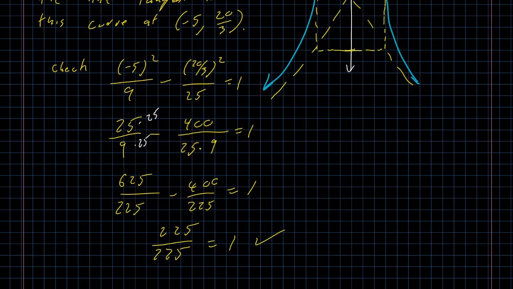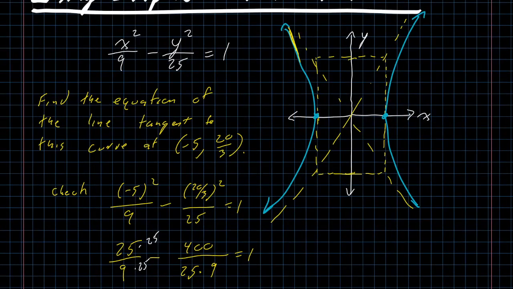And 225 over 225 is equal to 1. All right, so we know that this point actually is a point on the curve. That's useful to know, definitely valuable to us. But again, that's just checking to make sure that everything is working, so it's technically not part of the problem.